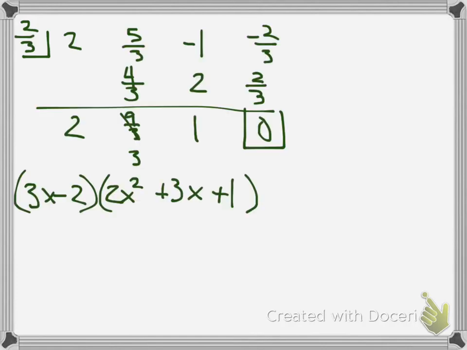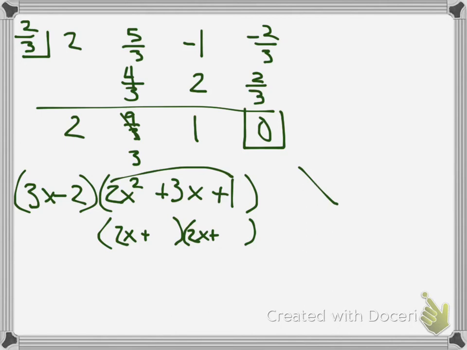Hold on a second, I need some more space. So here you go. Notice that the first parentheses is my original factor, what I divided by, and then the 2x squared plus 3x plus 1 is my answer. Now I need to factor 2x squared plus 3x plus 1, which again involves special factor rules that we had. Put 2x into both parentheses. Plus plus is plus plus. Don't forget, you multiply the two end numbers. So I'm not looking for two numbers that multiply to give me 1 and add up to 3.